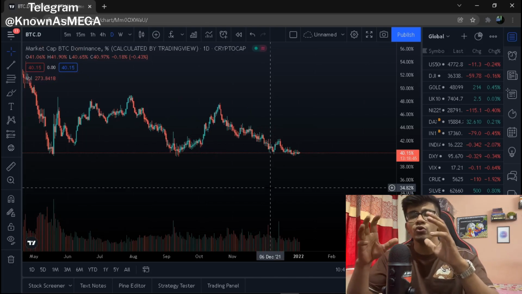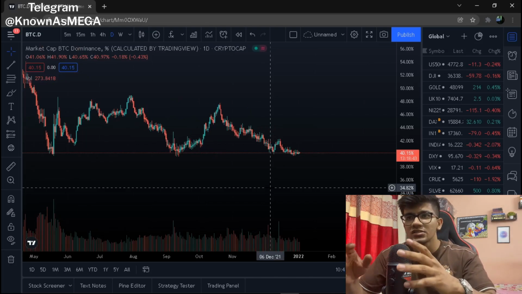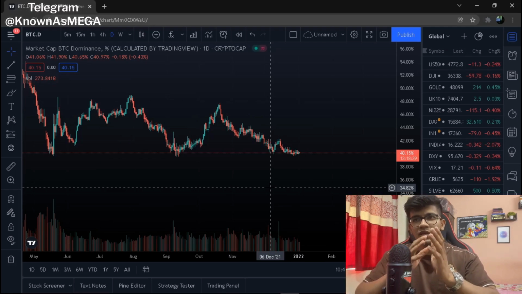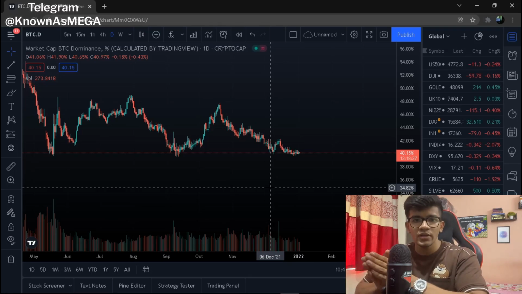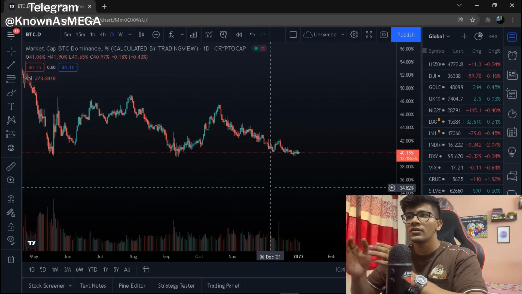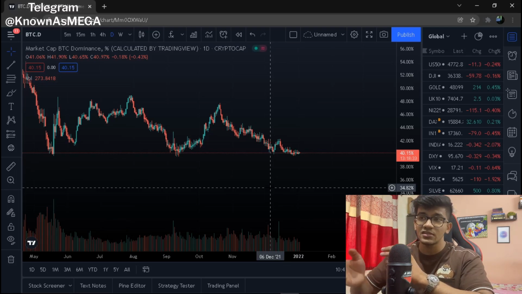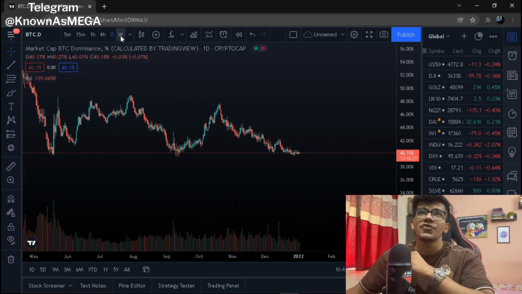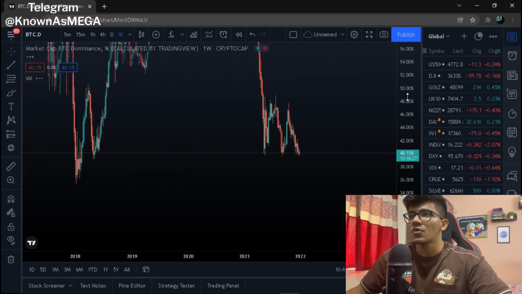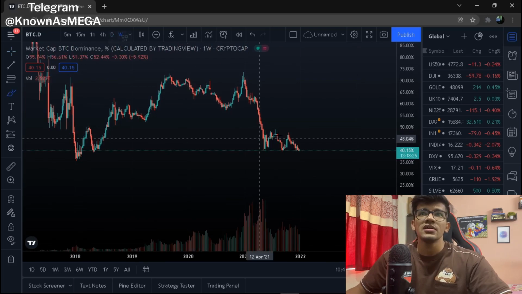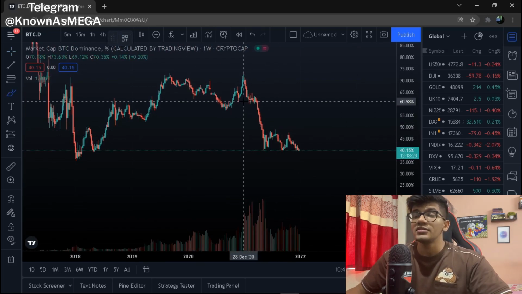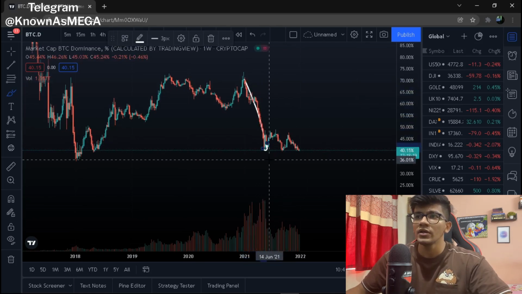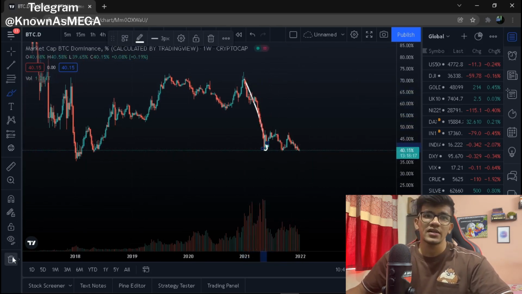But if I want to make this very simple, I would just say that Bitcoin dominance is a chart that shows us how much money is flowing out of Bitcoin into the other coins, and if the Bitcoin dominance increases, it is showing us how much money is coming from the altcoins into Bitcoin. So for example, if we go to the weekly time frame of Bitcoin dominance, what we can see is since December 2020, a lot of money has flown out of Bitcoin and went into the altcoins, that is the other coins.